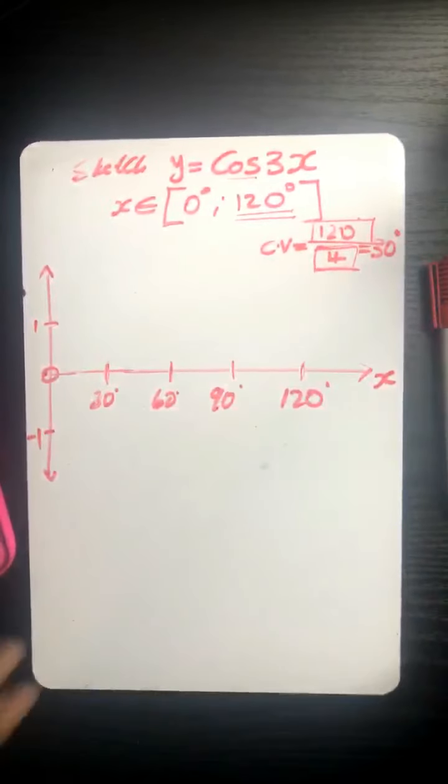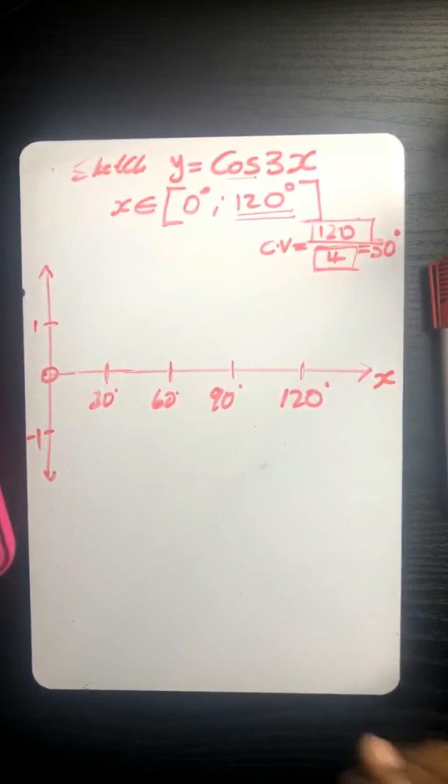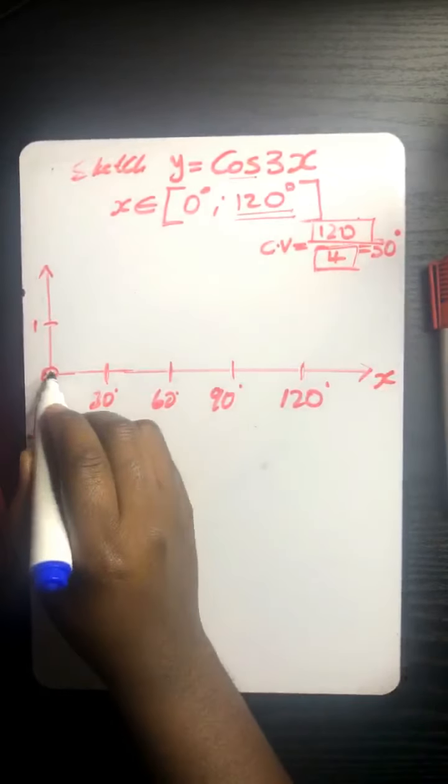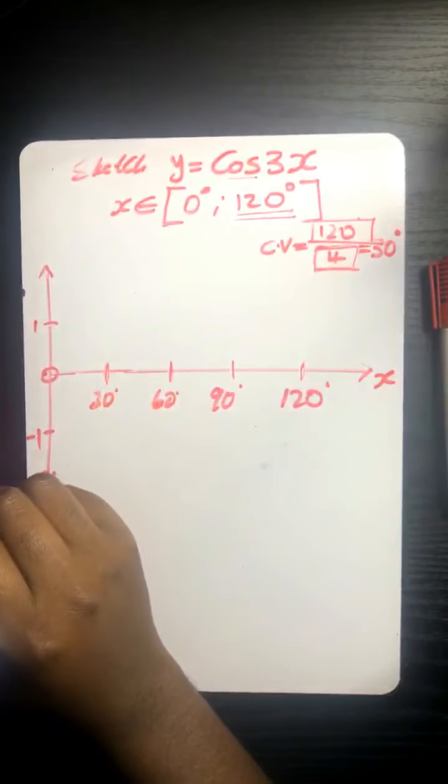Is there someone who's done? We're done, sir. Okay. Whoever's done, what are you getting at 0?